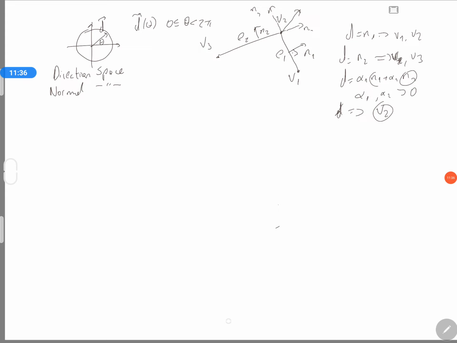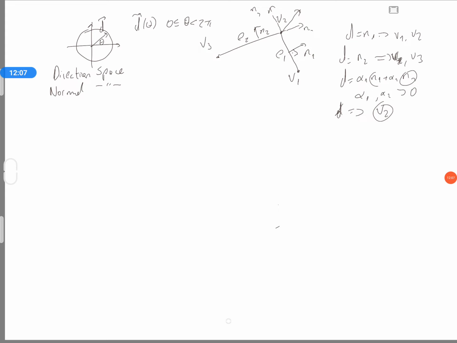What does this mean? This means that for certain continuous sets of directions, the extremal vertex won't change. It will only change if we change discretely from n1 to strictly n2. But any vector in between, if we, for example, take a positive linear combination of n1 and n2, then the extremal vertex will be just V2 itself.